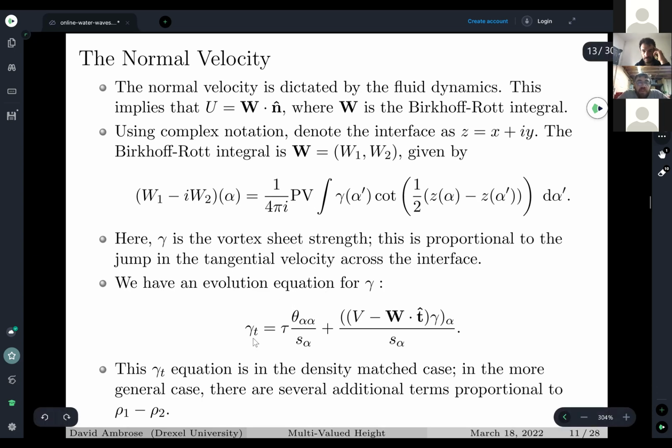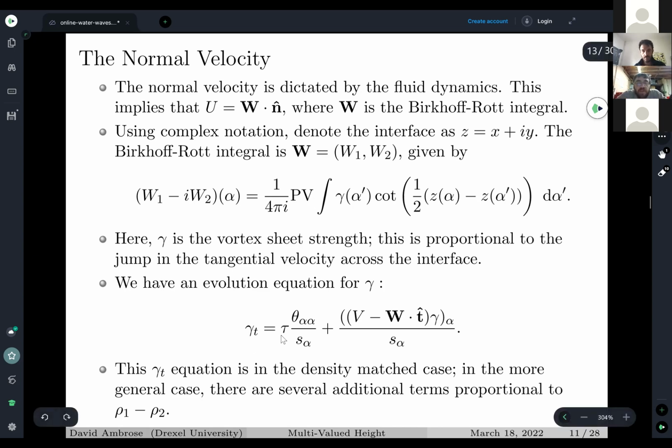And we have an evolution equation for gamma. The evolution equation for gamma comes directly from the Euler equations. In particular, since the fluids are irrotational, in the bulk of each fluid, you have a Bernoulli equation for the potential in each fluid, and you can take the jump of those Bernoulli equations across the interface. And that gets you, with a few more steps, the evolution equation for gamma. So there is the surface tension term.